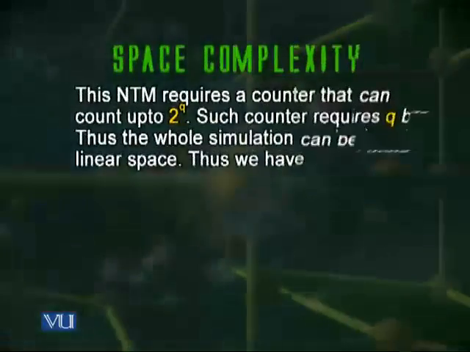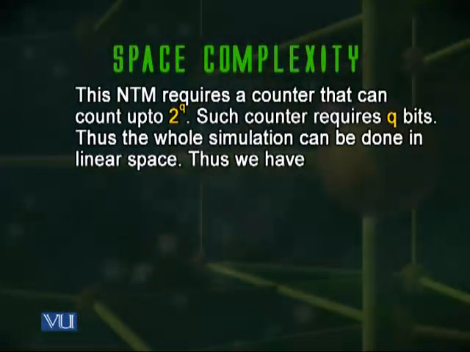So this machine is once again being space efficient. Let's see how much space it actually requires. This machine requires a counter that can count up to 2 to the Q, and that is the major space requirement. Such a counter only requires Q bits. Therefore, this whole simulation can be done in non-deterministic linear space.